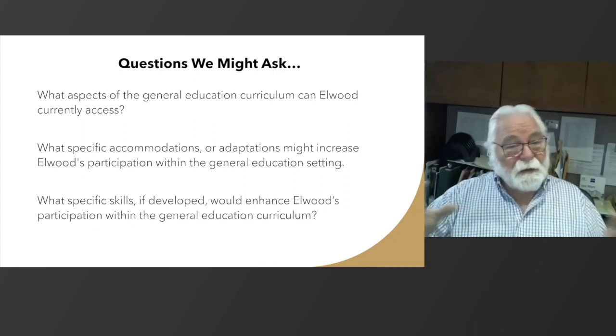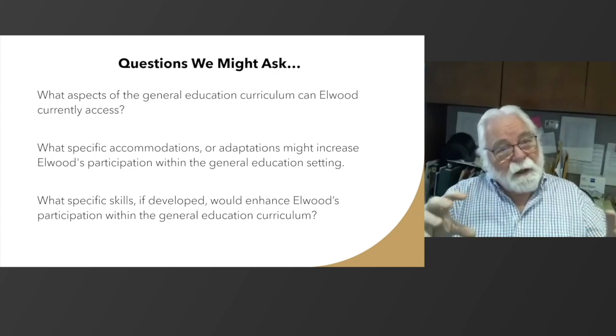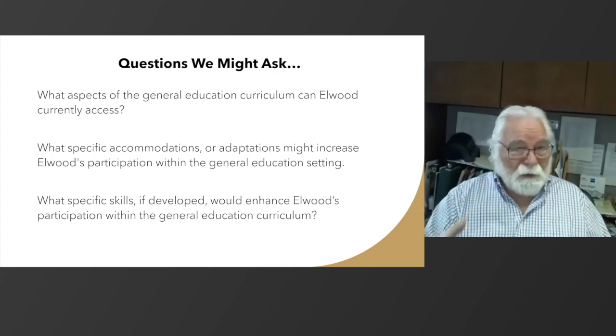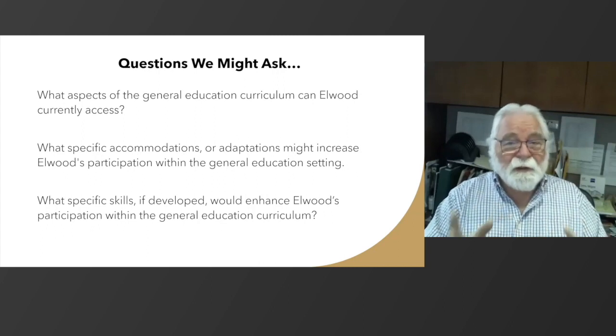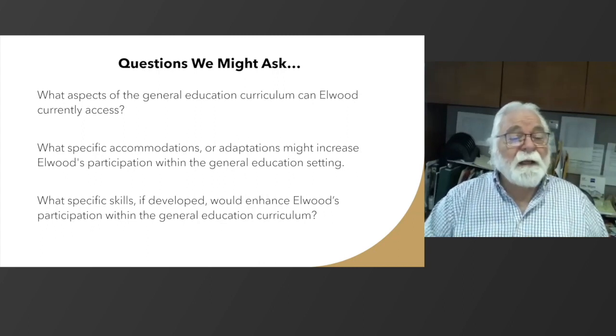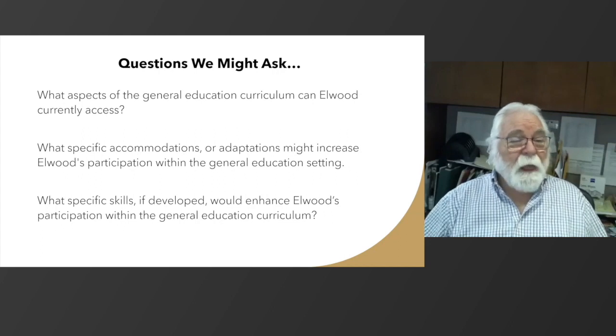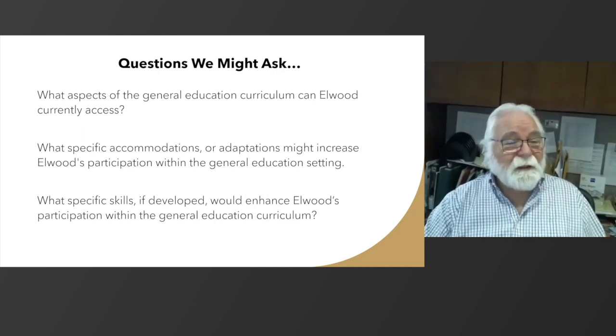Again, a lot of people are going to be weighing in on this answer: the classroom teacher, the paraprofessional, the special educator, parents perhaps. What specific accommodations or adaptations might increase Elwood's participation within the general ed setting? And then what specific skills, if developed, would enhance Elwood's participation within the general ed curriculum?